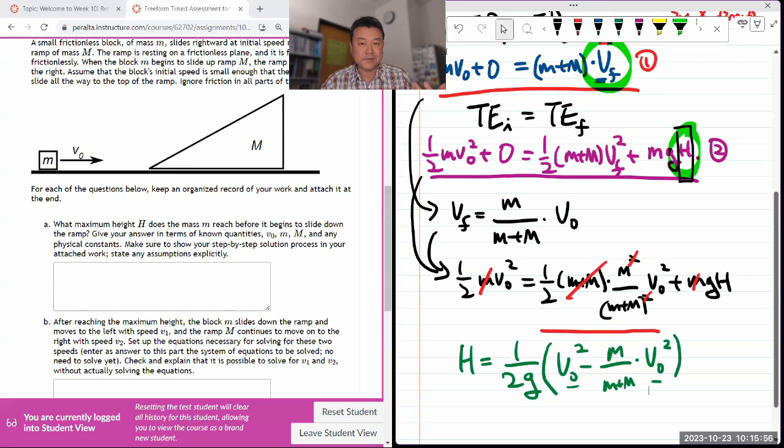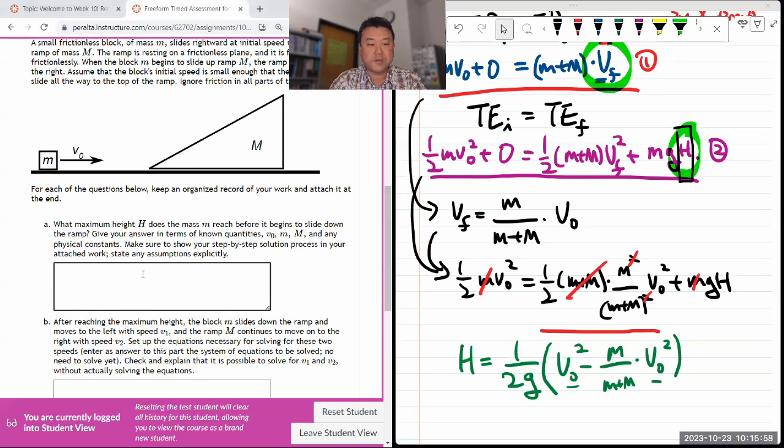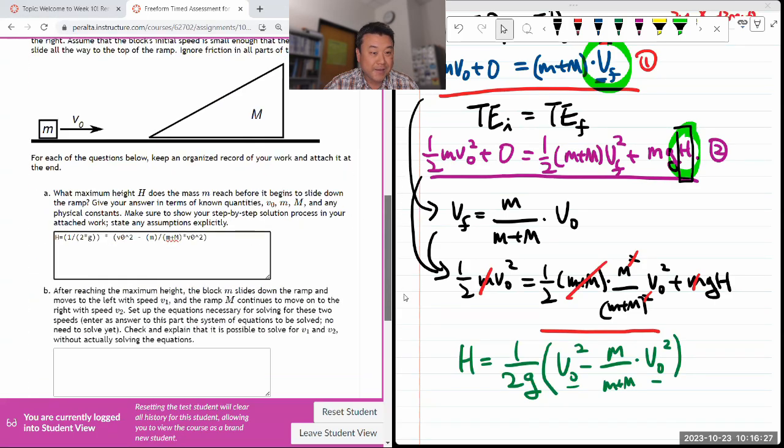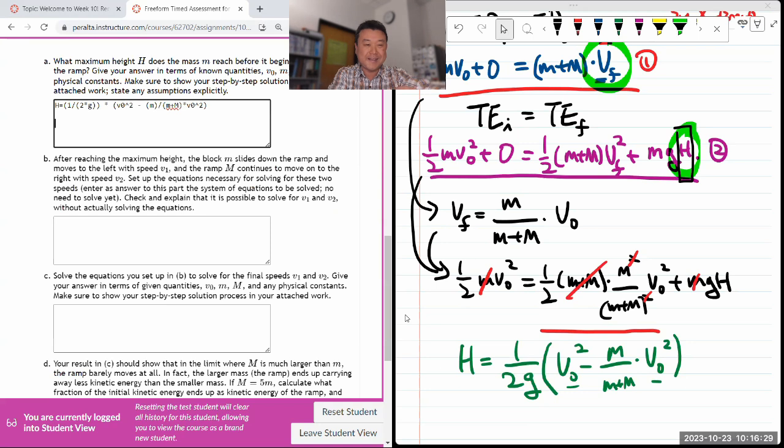But depending on your time, you could just put h is equal to 1 over 2g times v naught squared minus m over m plus M times v naught squared. Simplification is great when it helps. I would never tell you not to simplify, but some things being left unsimplified is also fine, especially given that we have a time limit. I have 9 minutes.